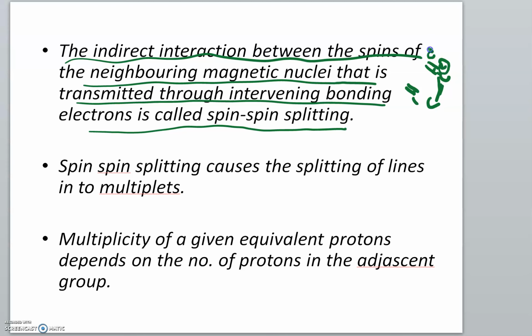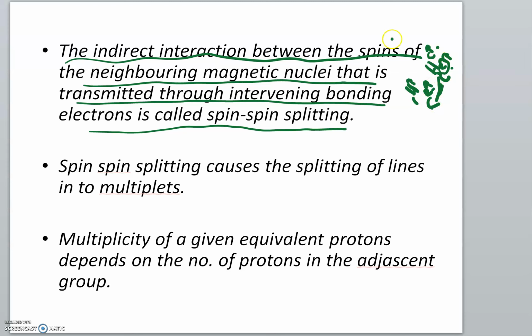Therefore, the spin of the electron is affected by the spin of this proton, and this spin of the electron, affected by this proton, is transmitted as an influence on the spin of the electron in the other C-H group, and that spin affects the spin of this hydrogen.